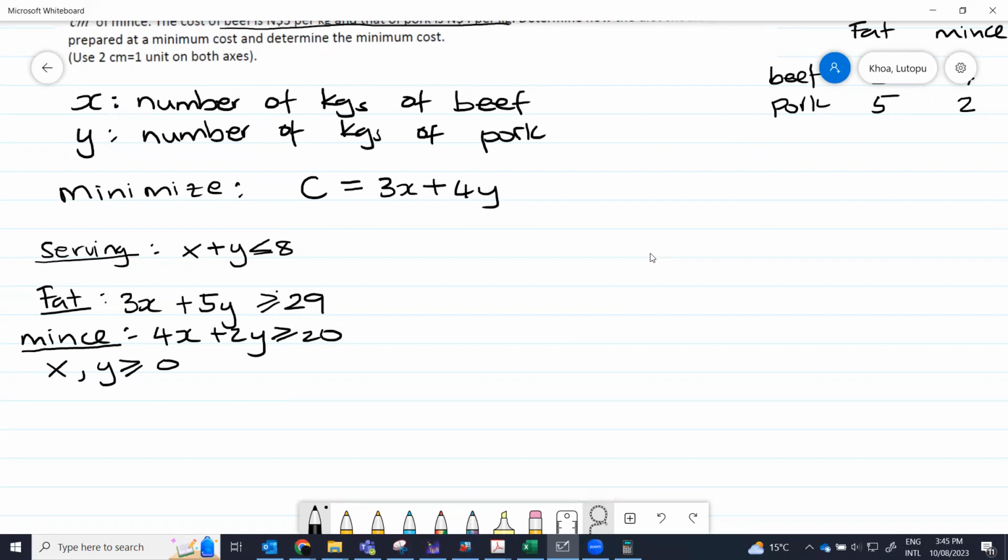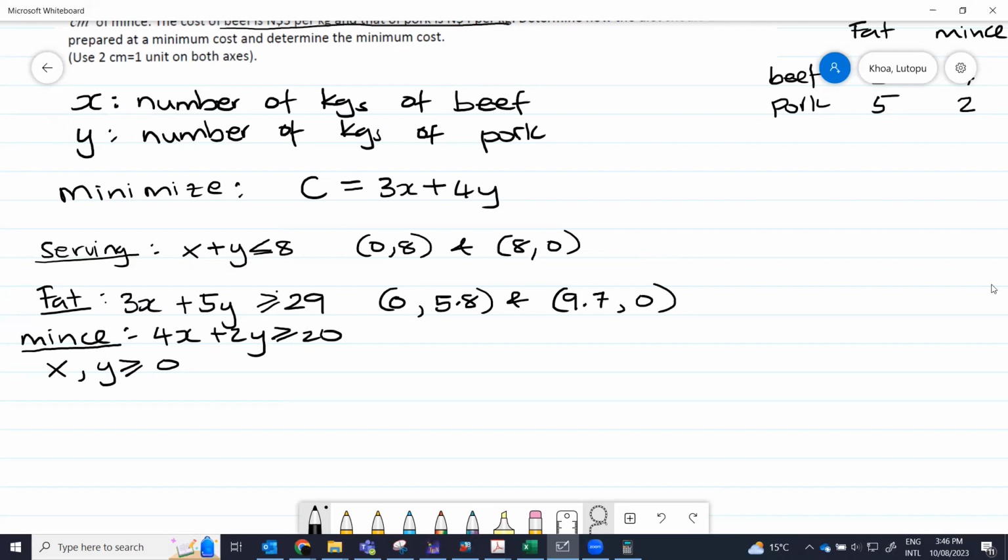But here, because my graph paper is limited, I'm going to see what fits and then plot that. So our points, we have (0, 8) and (8, 0). Here we have 0 and 5.8. And then the other one will be 0 and 9.7.